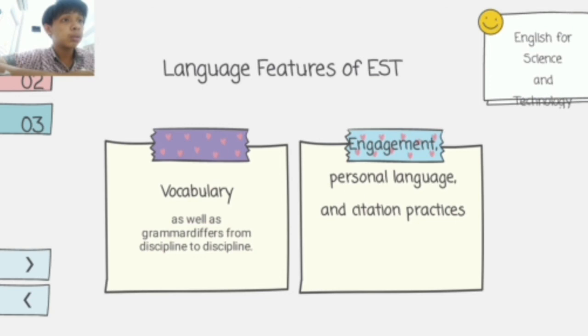Engagement. So, engagement, personal language, and citation practices. Language in science and technology is generally viewed as very impersonal. Students are encouraged by discipline specialists, ESP textbooks and teachers to avoid personal language in order to appear objective.